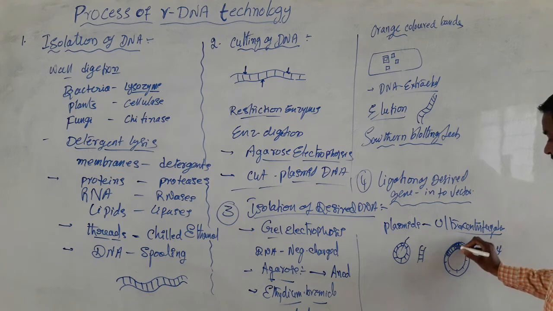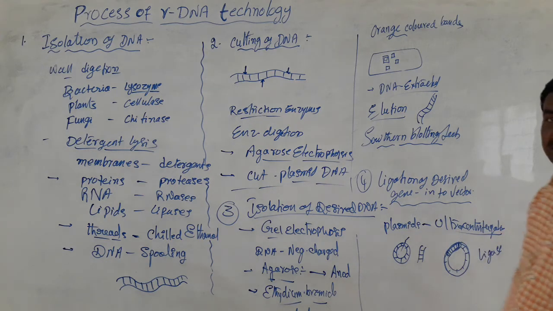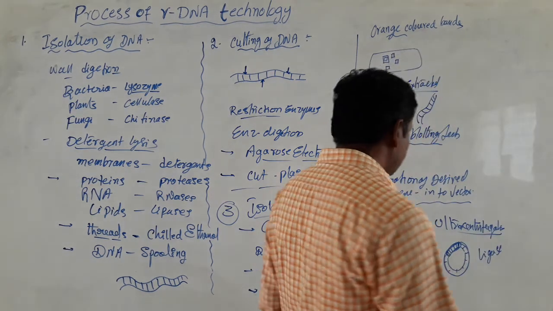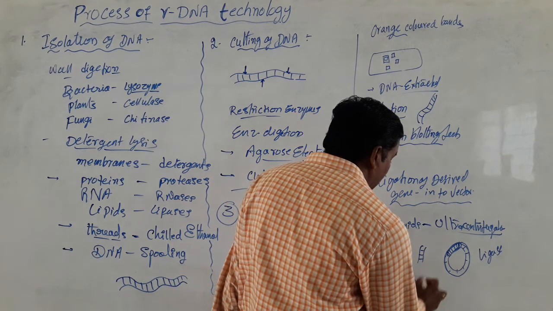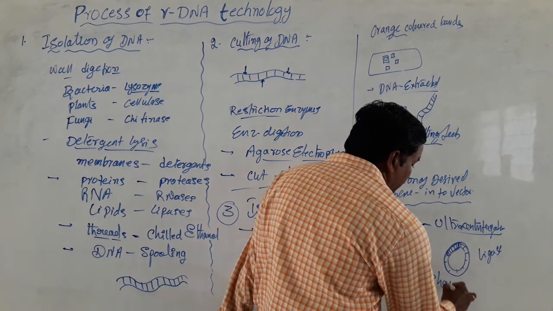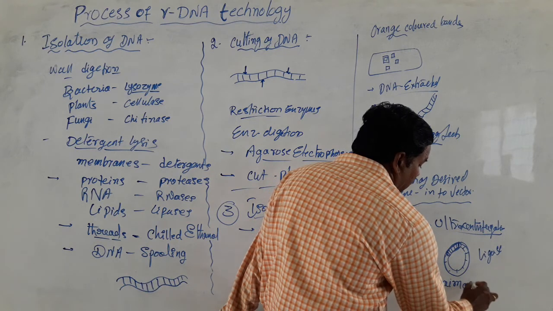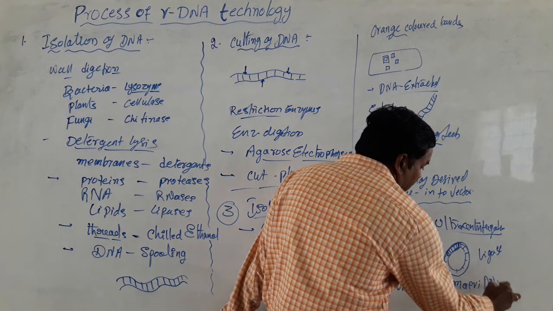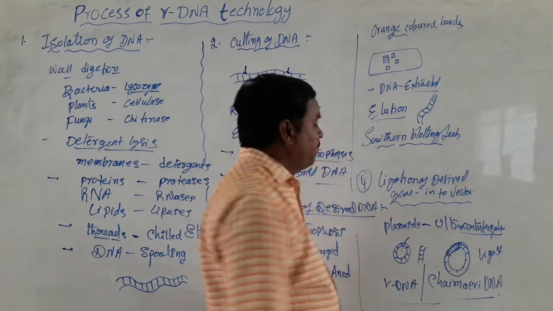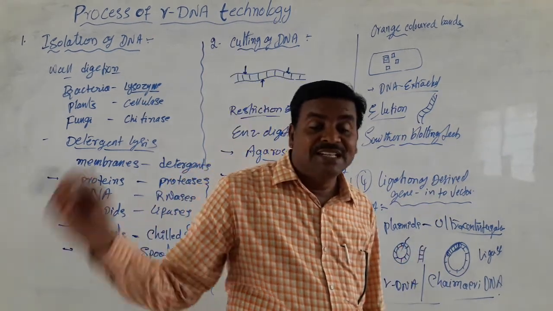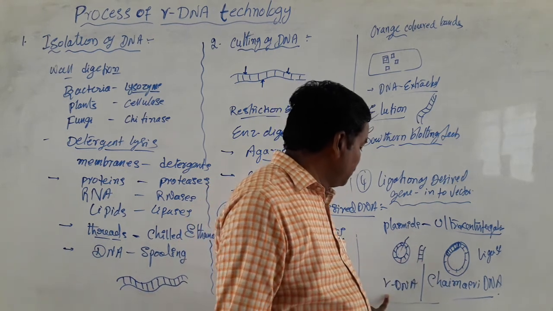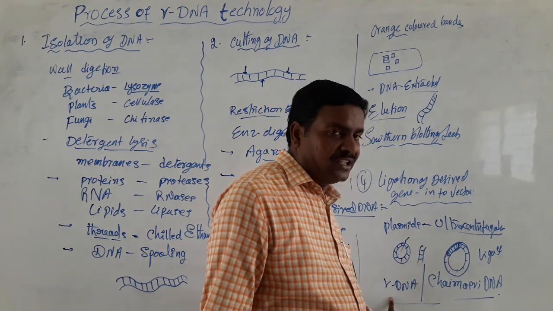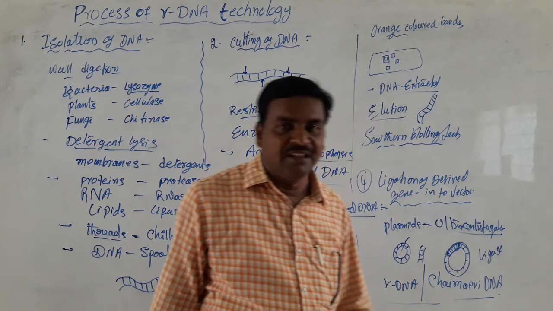Now this circular DNA with the inserted gene of interest is called recombinant DNA, and also chimeric DNA. The plasmid into which the desired gene is inserted is called recombinant DNA or chimeric DNA.